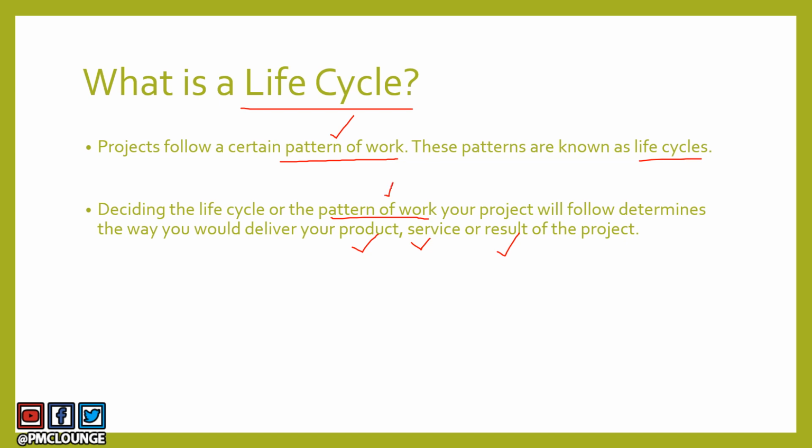Do you want to deliver everything at once, or do you want to deliver small pieces of the work, right? Small pieces of the product in several iterations. So how do you plan to work? Your pattern of work is what a life cycle really is. So let's look at the different types of life cycle that you can follow, the different patterns of work that you can follow for your project.